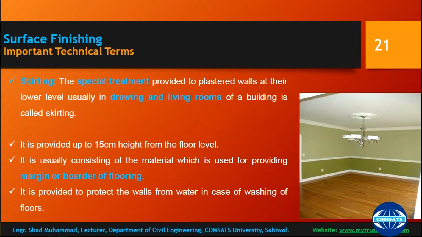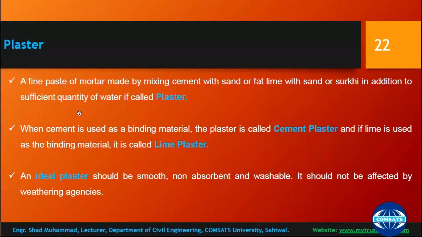It usually consists of materials which are used for providing margins or border of the floor. These are margins and borders of the floor, in case you are washing this area, so that dampness does not move towards the wall. It protects walls from the water in case of washing of the floors.